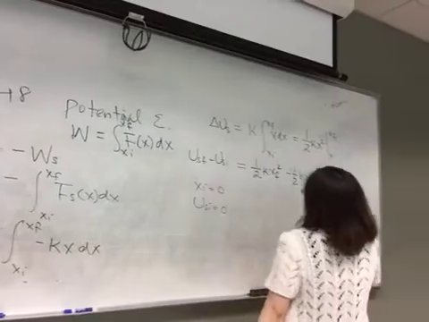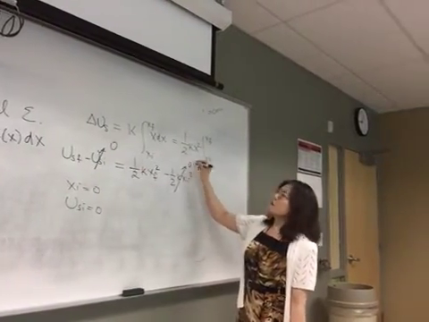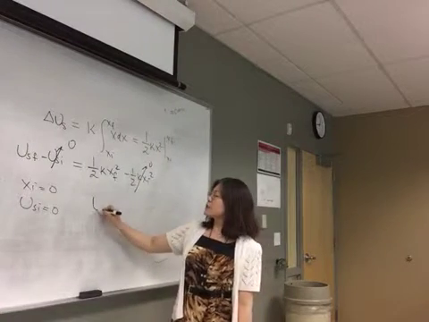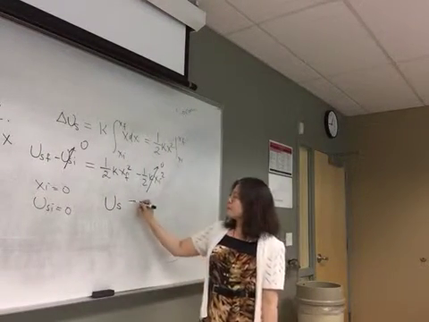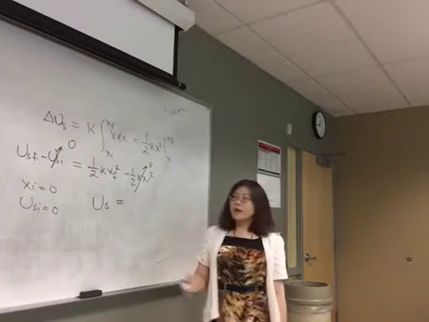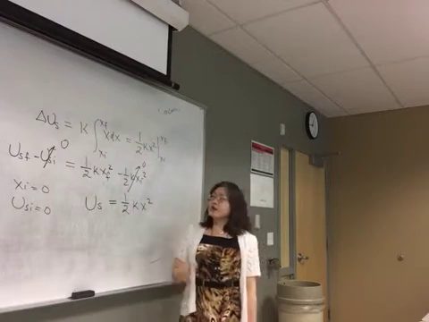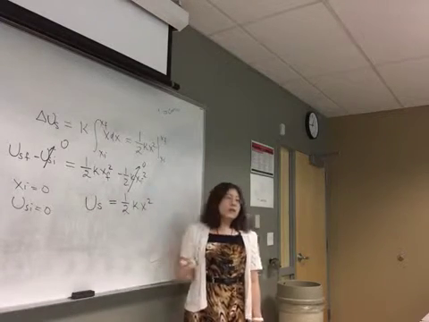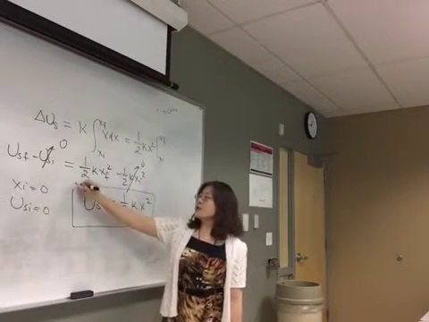So this is 0, this is 0, and the spring potential energy for any displacement in relation to the initial point would just be 1/2 k x squared. You can see I dropped the f because that's the final position. So this is the expression for the spring potential energy.